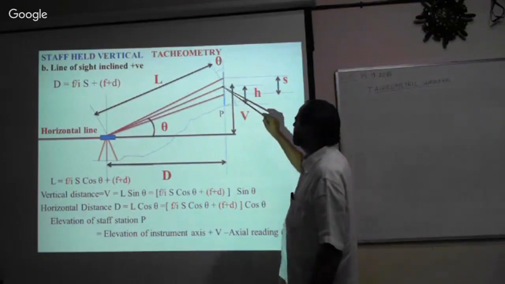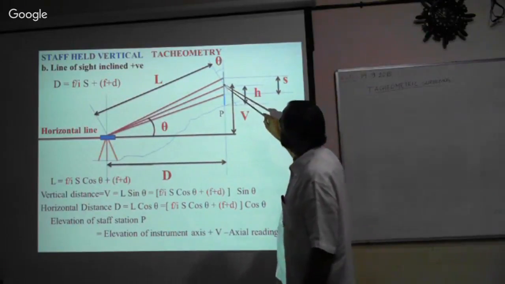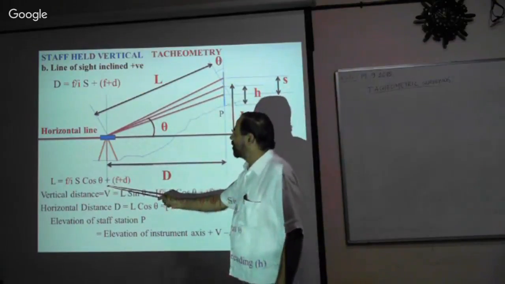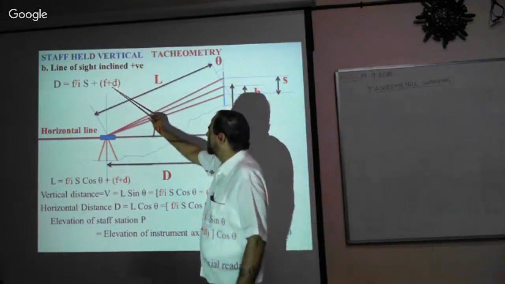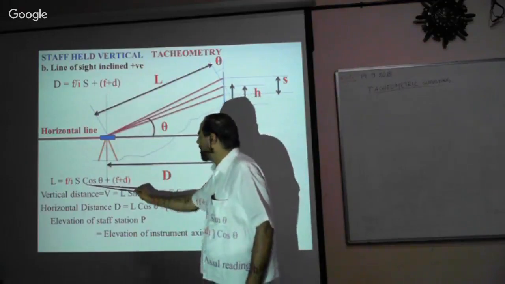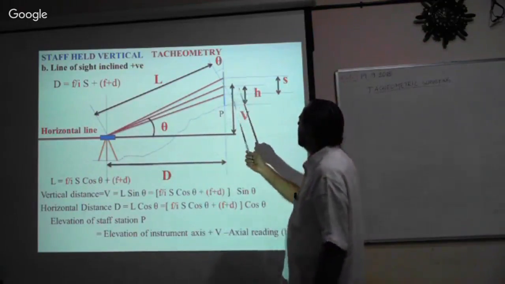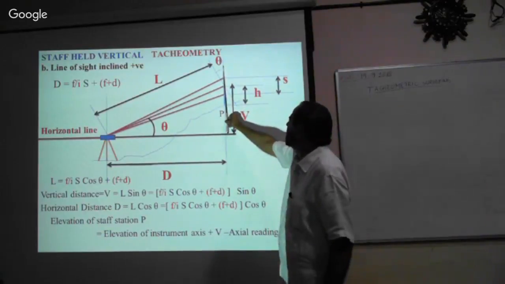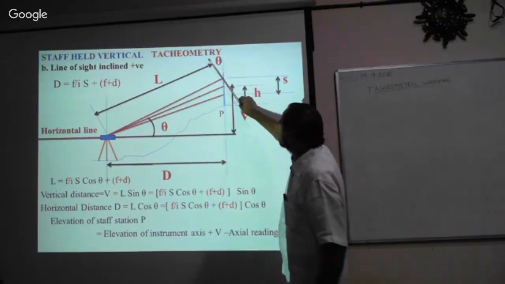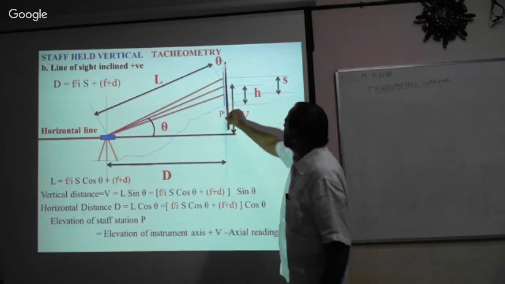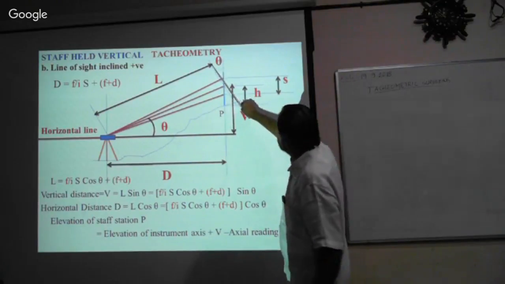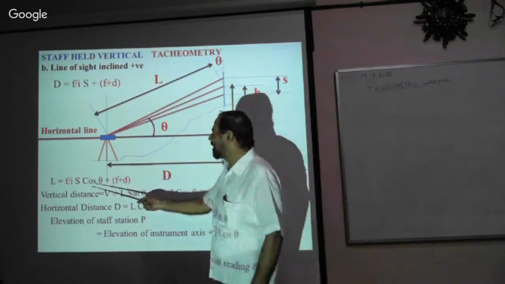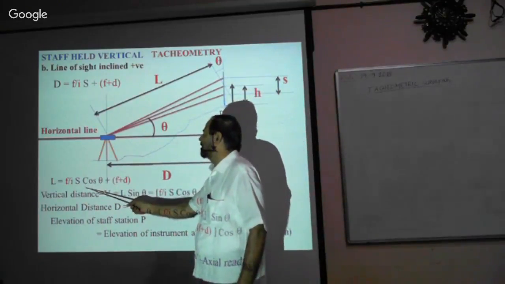L can be computed by modifying this equation, S becomes S cos theta, because we have taken the reading not normal to the line of sight.